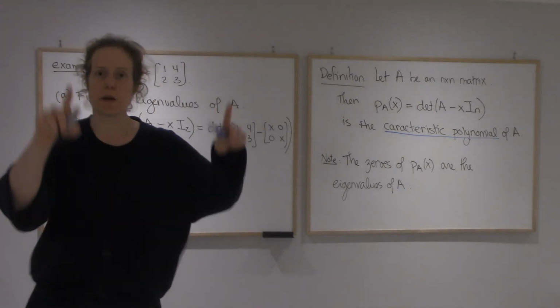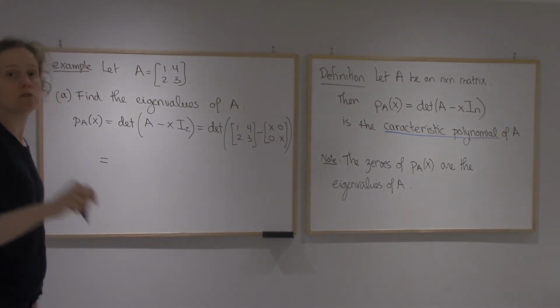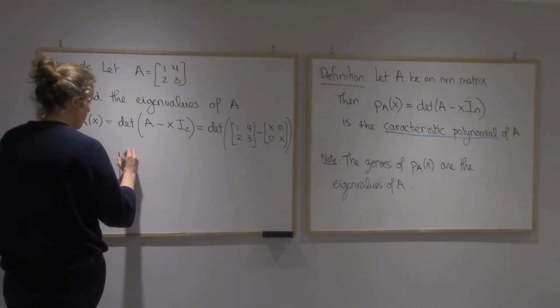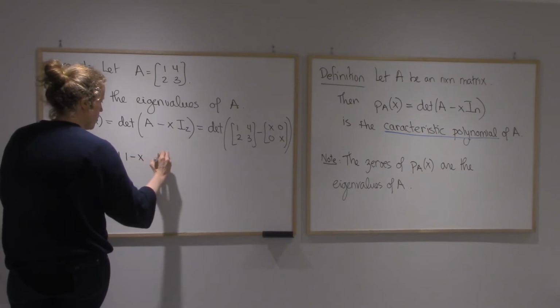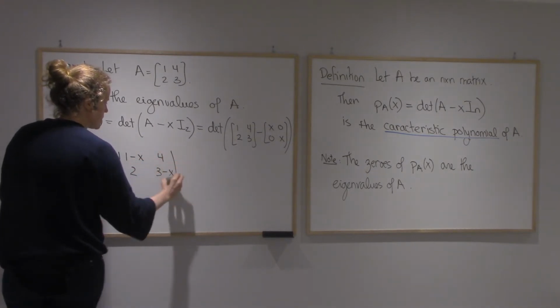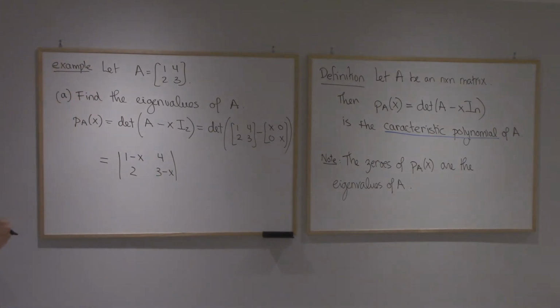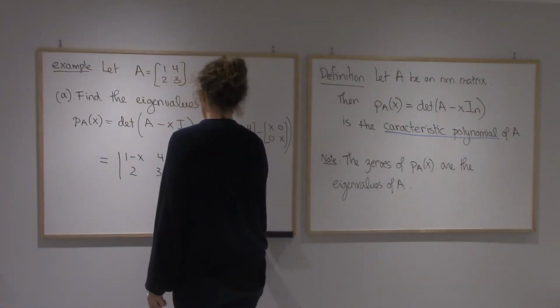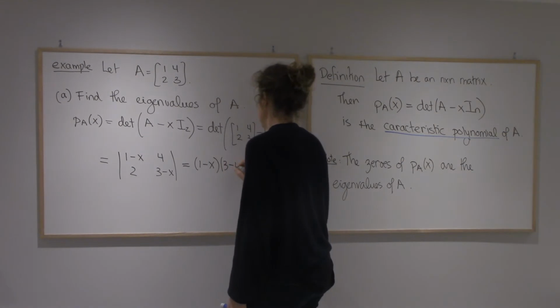Let me use the straight lines to indicate determinant. So I'm looking for the determinant of 1 minus x, 4, 2, 3 minus x.